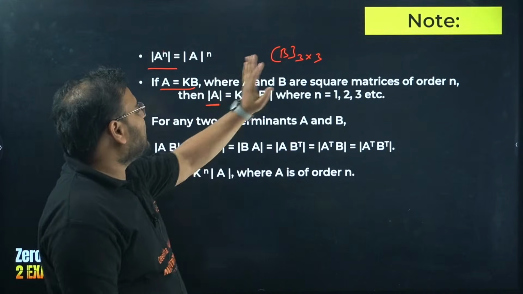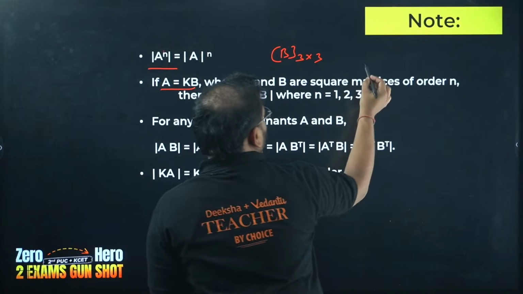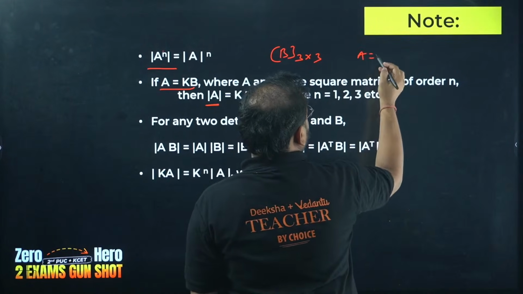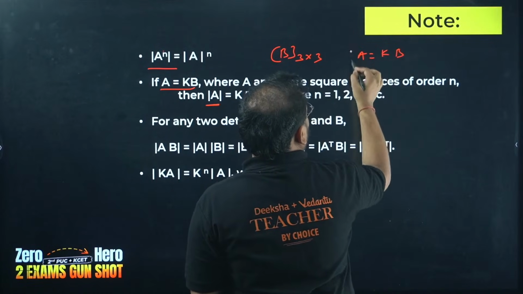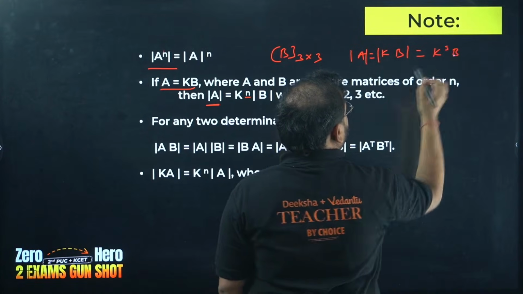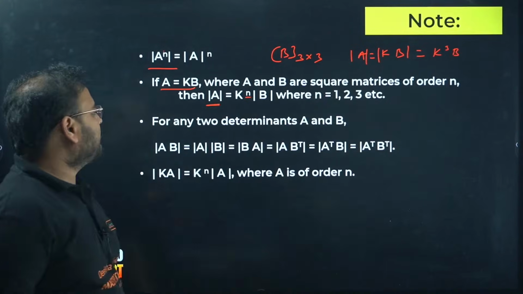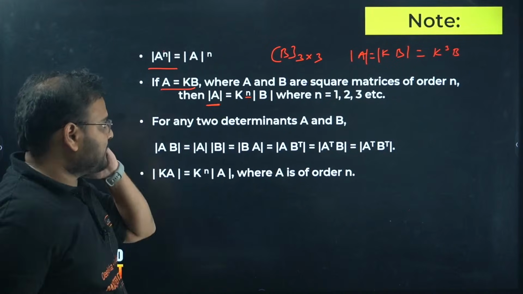So let's say it is 3, and you have A equals kB. You go like this. The answer will become k power 3 determinant B. Got it? Yes, makes sense.